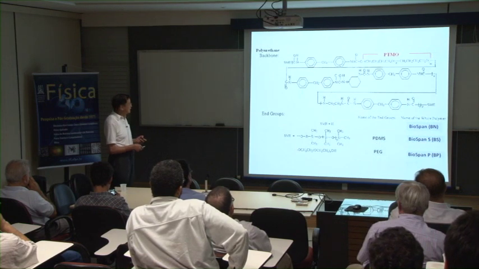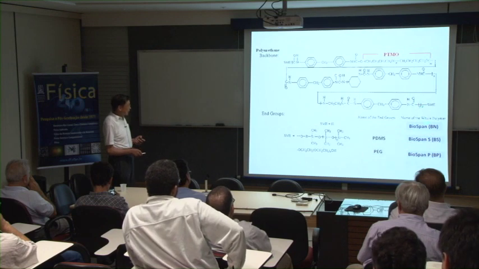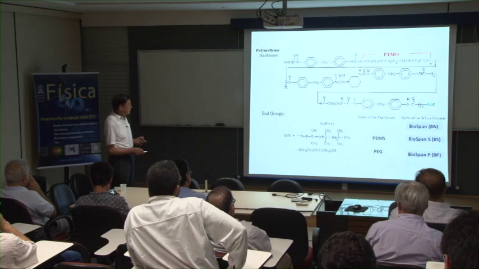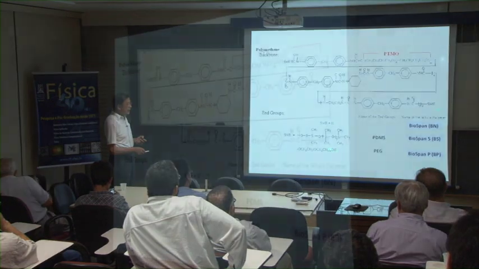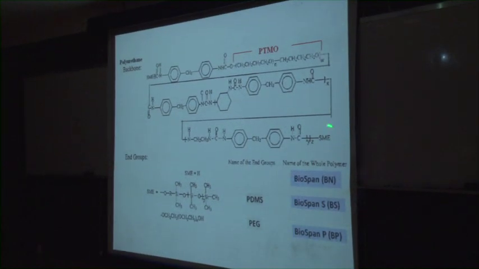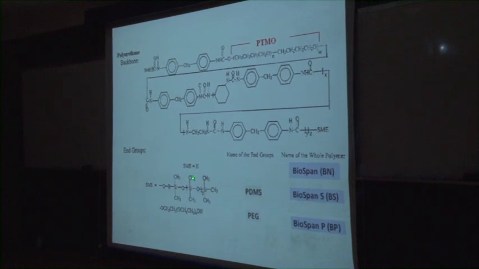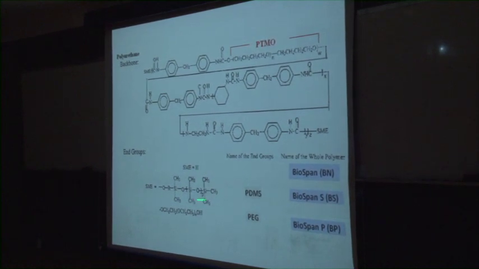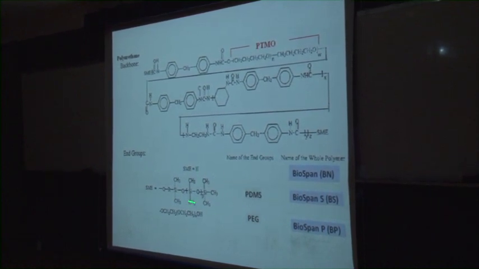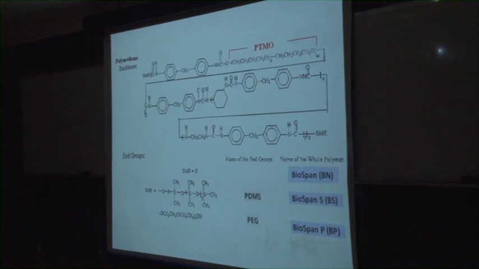You can see the chain is long. I have three different polymers. The only difference is the end group. One has an end group that is just hydrogen. The other has PDMS. The other has PEG.